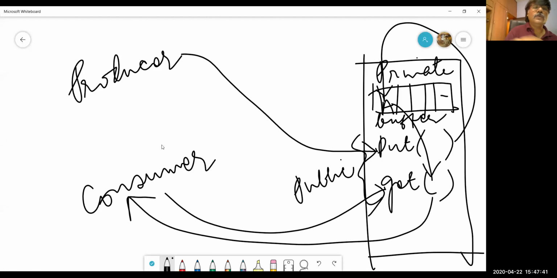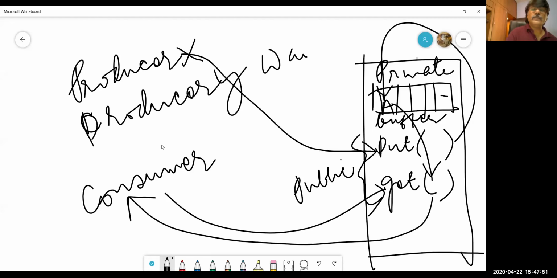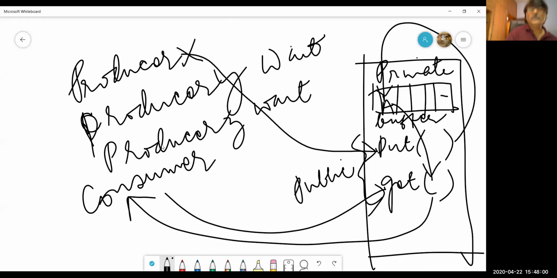It will allow only producer X to access the function. It will not allow producer Y or producer Z to invoke the function put. So producer Y will be waiting and producer Z also will be waiting. Only one producer can invoke the function put.